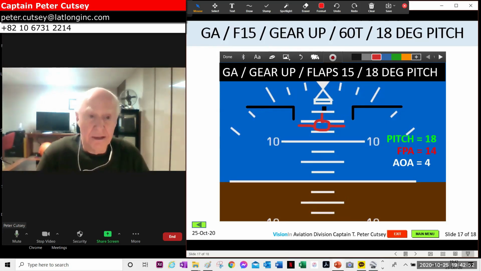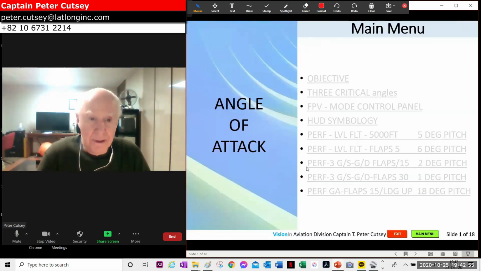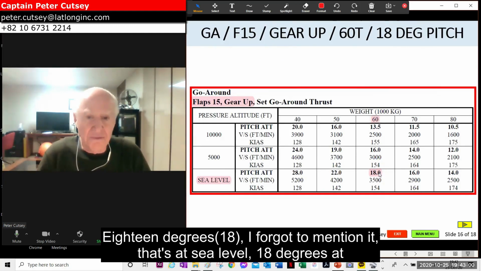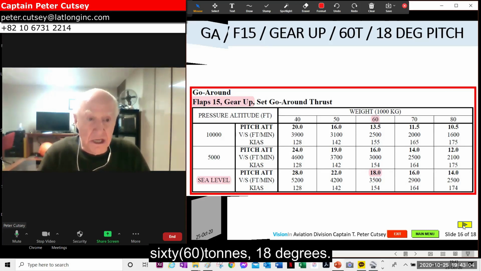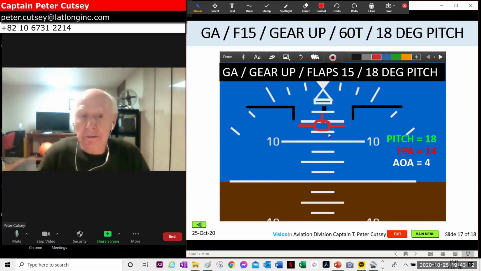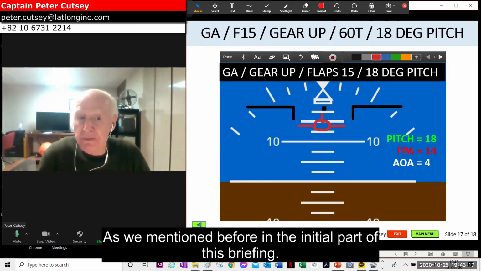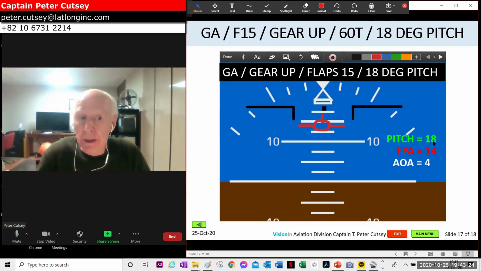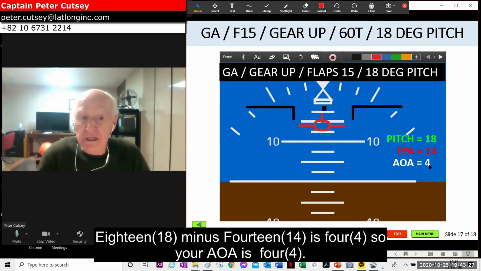We saw that. 18 degrees. I forgot to mention it. That's at sea level. 18 degrees at 60 ton. All right. Here we are pitched up at 18 degrees, and our flight path angle is probably less. Of course it's going to be less, as we mentioned before in the initial part of this briefing. So in this particular case, the flight path angle is at 14 degrees, so the difference is 18 minus 14 is 4, so your angle of attack is 4.